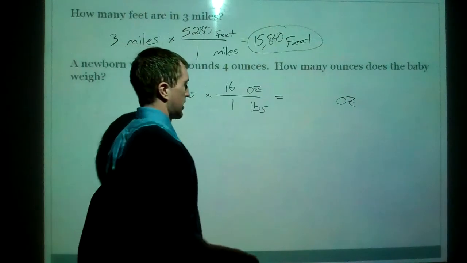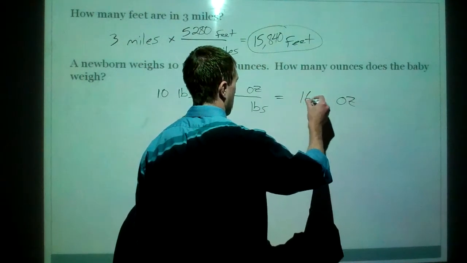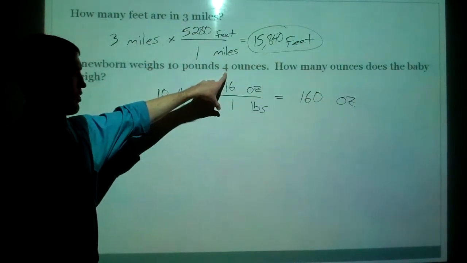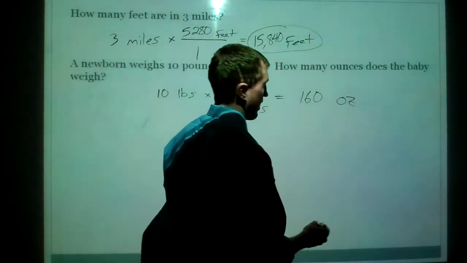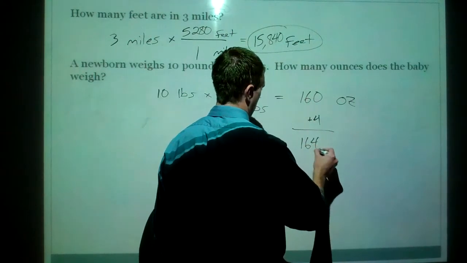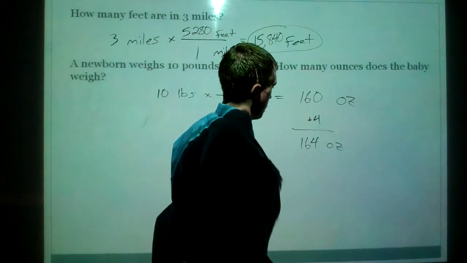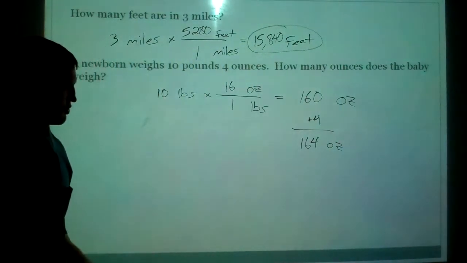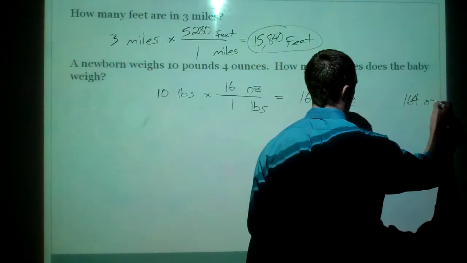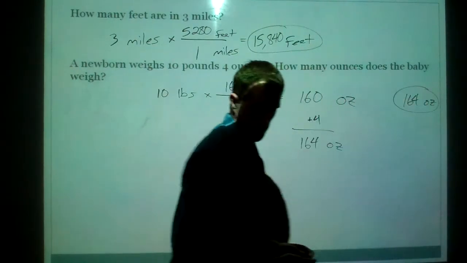So 10 times 16, 160 ounces. And we can't forget that there is also a 4 ounces there. Add that on. 164 ounces. So, this should be our answer.